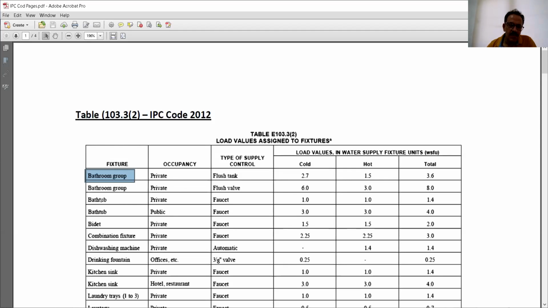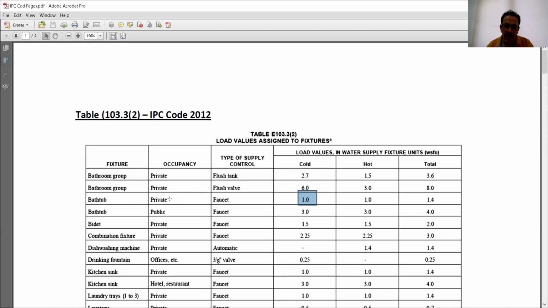A bathtub, for example, I will take a bathtub. If you are using the bathtub for personal use, it means in your house. So one bathtub, for the cold water, will be accounted as one fixture unit.